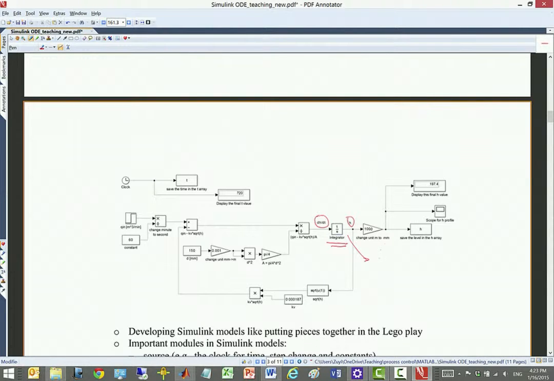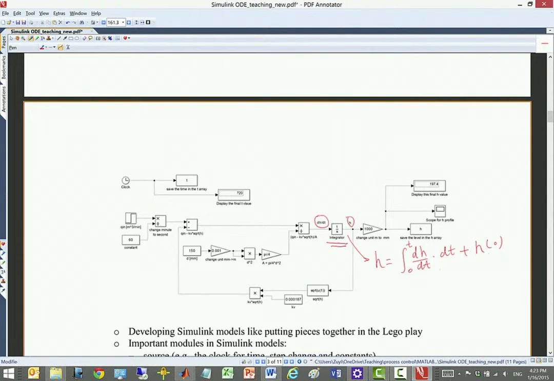This integrator calculates H as the integral of dH/dt from 0 to time t, based on the initial value.